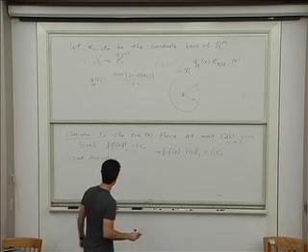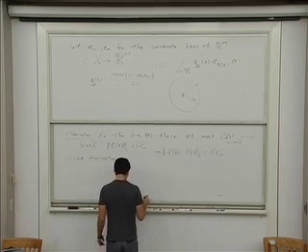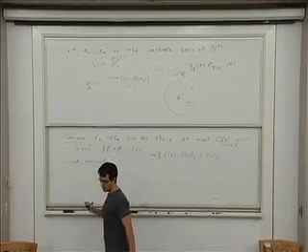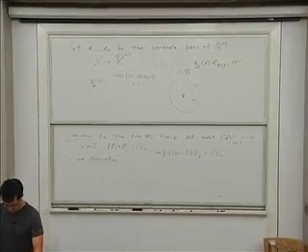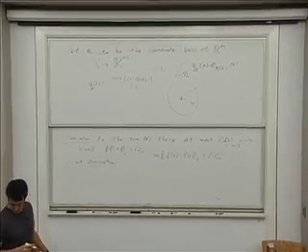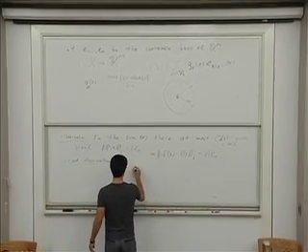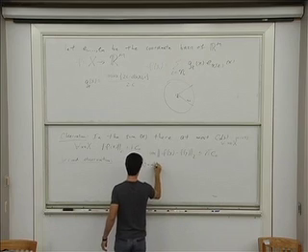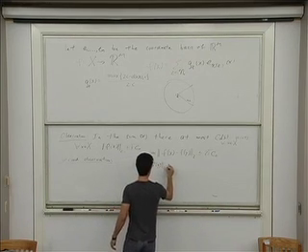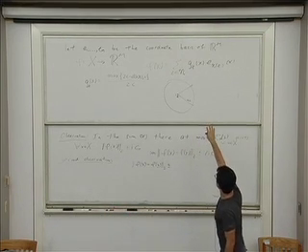Second observation is that phi x minus phi y is also bounded. Let's look up here.